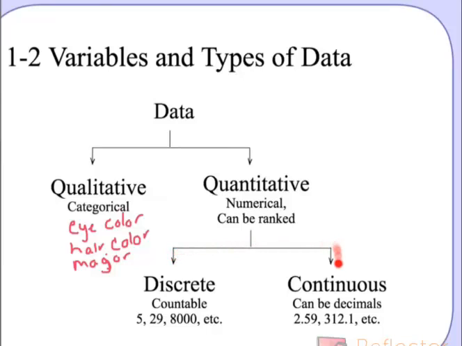If it's not discrete, it's going to be continuous. These are the ones that can be decimals, fractions. These are like your temperatures, your heights, your weights. So, like I said, temperature, your height, your weight, because we have 5'3", we have 5'4", we have a temperature of 98.6, 99.1, things like that.